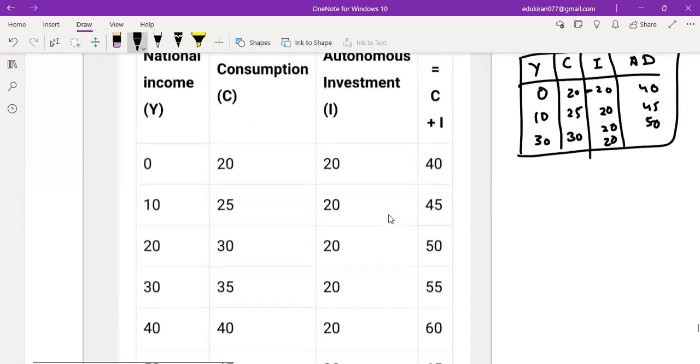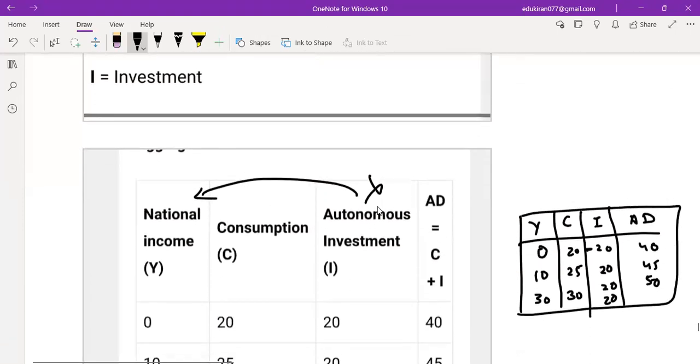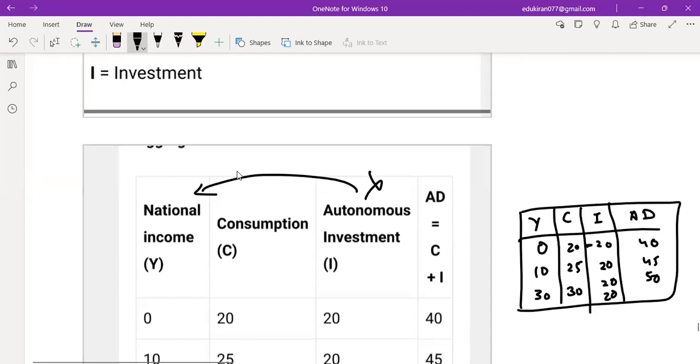So first, I think you can draw it on your own, the entire table. Quickly draw it. Just leave two or three pages before so that you can draw the graph.